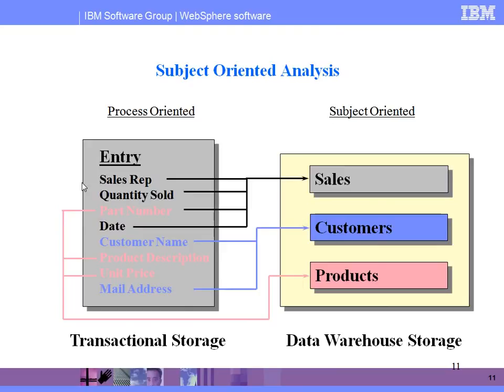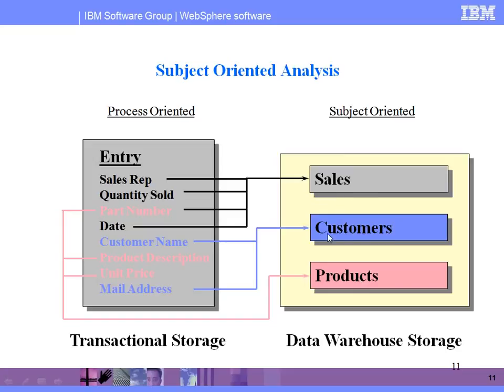But when we load the data into the warehouse, we maintain it in individual subject areas: a sales subject, a customer subject, a product subject. Each and every piece of data is maintained under individual subjects: sales, customer, product.